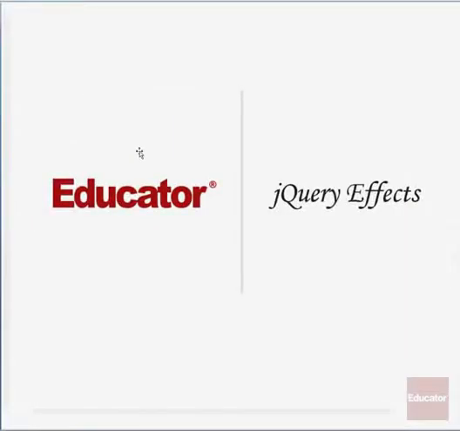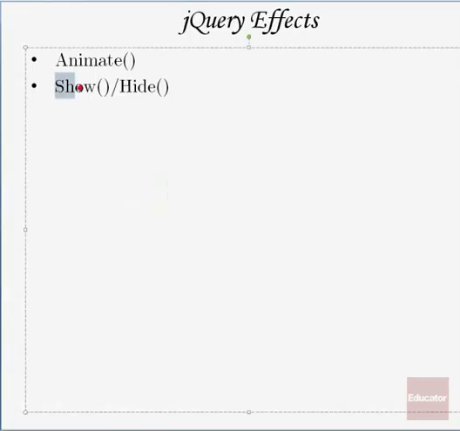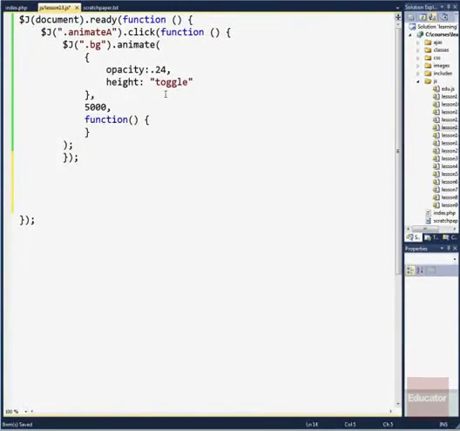All right. If we look at my presentation here, we can do a show and hide. So let's do the same thing. We're basically showing and hiding the background image, but we're doing it in a fancy way by changing the height. Okay.